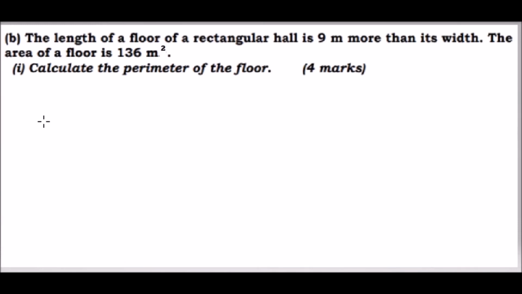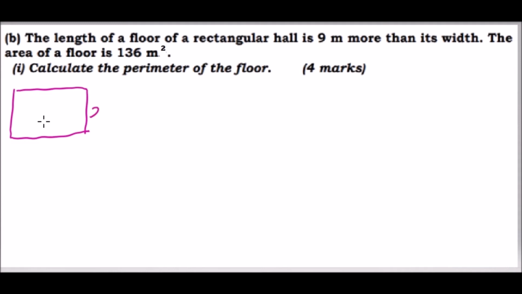Part B, we are told the length of a floor of a rectangular hall is 9 meters more than its width. The area of the floor is 136 meters squared. Calculate the perimeter of the hall. So you can make a sketch to guide you. That is a rectangular floor, and the length is 9 meters more than the width.